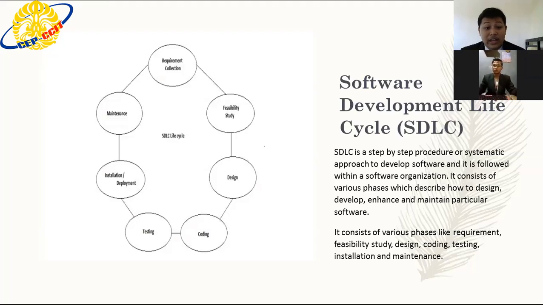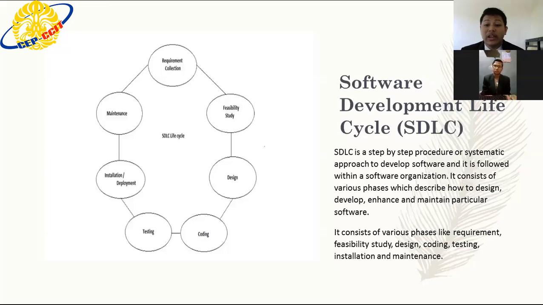The models of SDLC are the methodologies that are selected for software development depending on the project's aim and goals. These models are mainly used to develop software based on the requirement, cost, customer, and time.